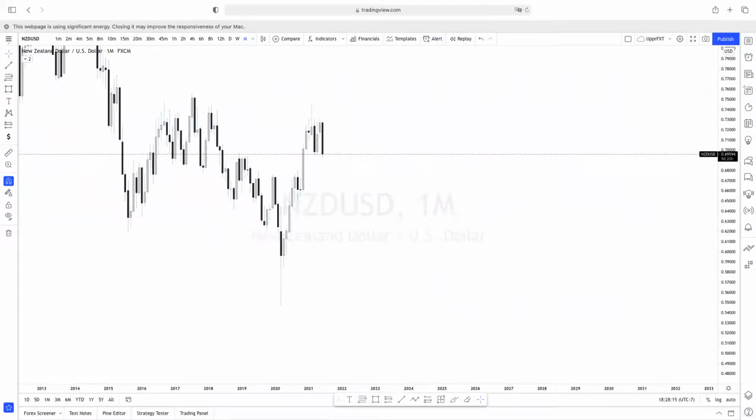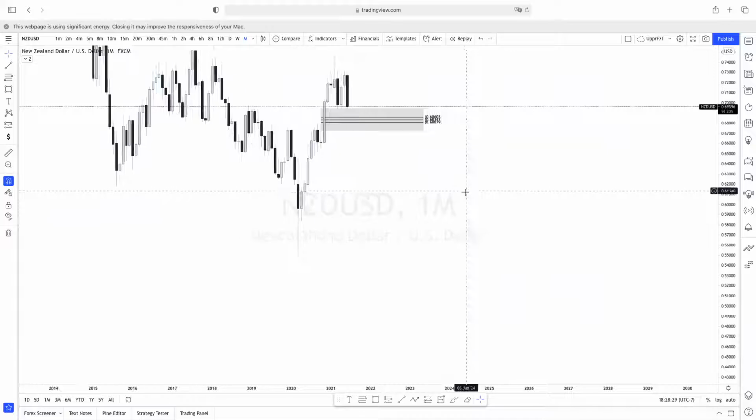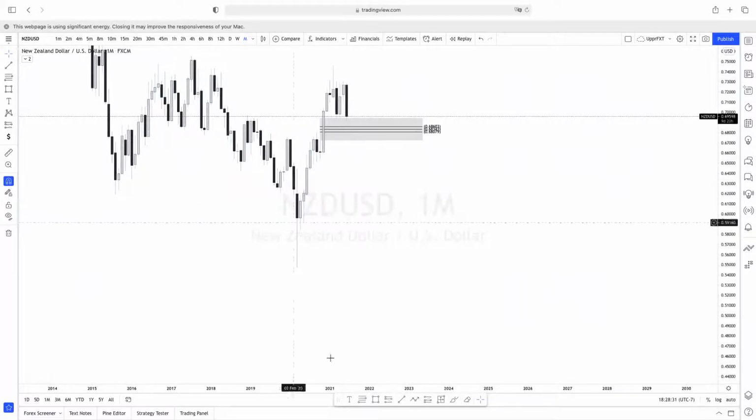On a monthly time frame, quick imbalance. So if you're looking to be bearish, this is a zone you can definitely look at. See another imbalance out here.